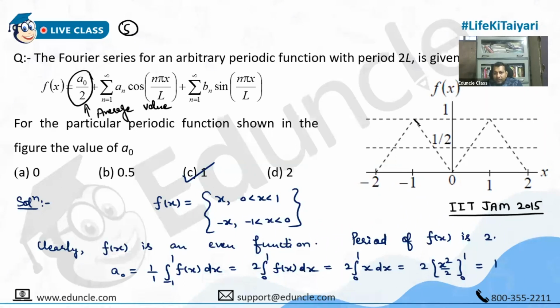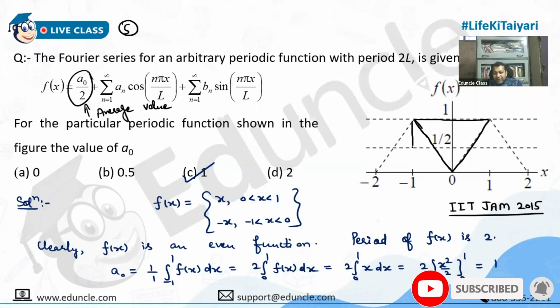So there are three parts by which we can get the average value. If I want to get the average value from between -1 to 1, then this is the triangle. Or there are two triangles if you want to take this one and this one. Okay, so it is entirely up to you. Clear?